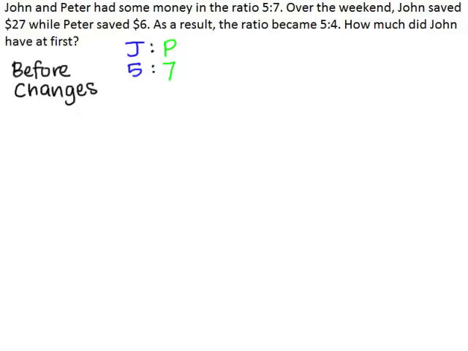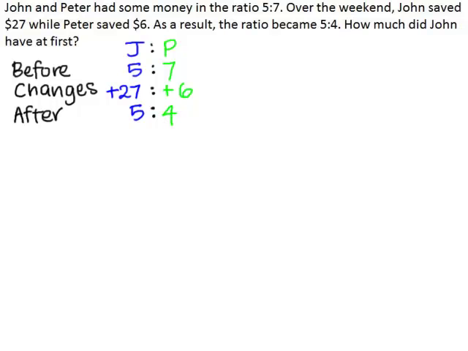And so the changes are that John now has $27 more, so here we have plus 27 for John. And Peter now has $6 more, so we have plus 6 for Peter. And as a result, the ratio after became 5 to 4.